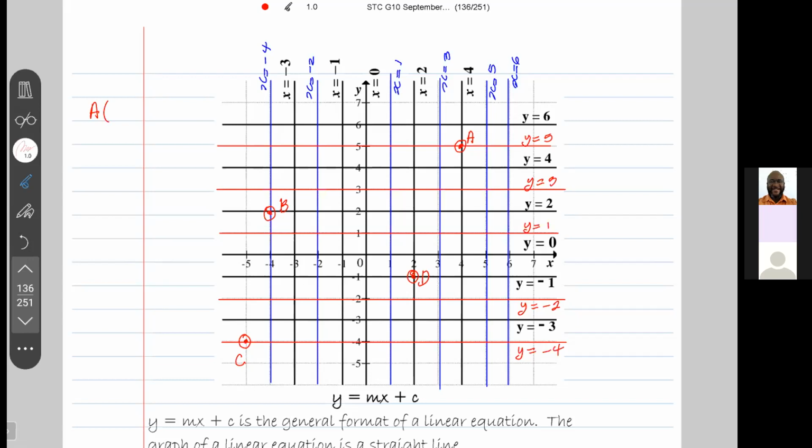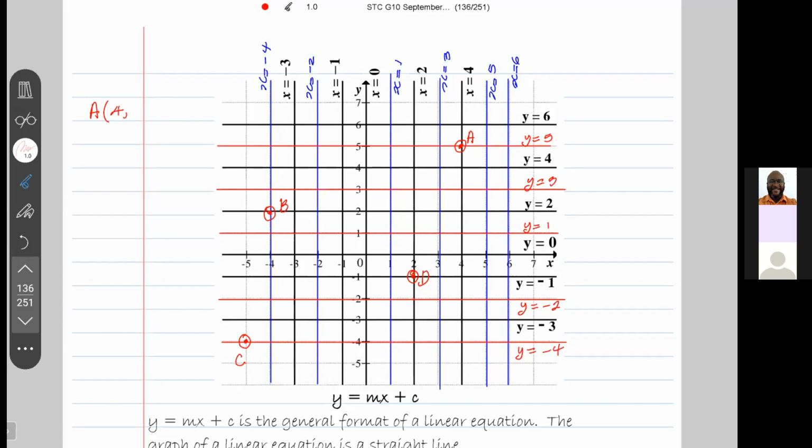It's on the vertical line x is equal to 4. So the x coordinate is 4. Which horizontal line is A on?